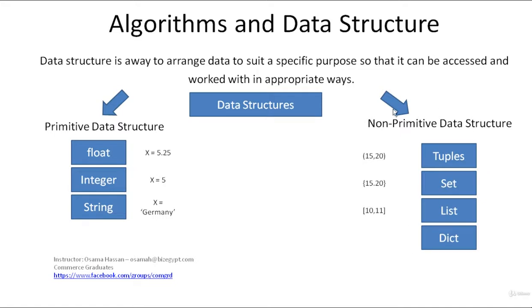The last one is the dictionary, and it's widely used also in Python because we usually communicate to APIs. For instance, to the European Central Bank, when we try to communicate to their API in order to get instant exchange rates of all currencies based on euro, we will get back the data from the European Central Bank in the dictionary format.